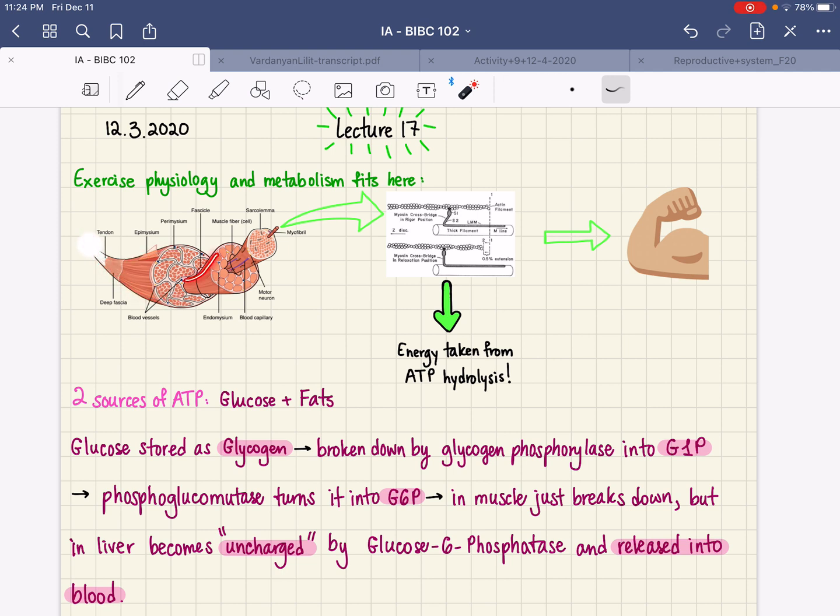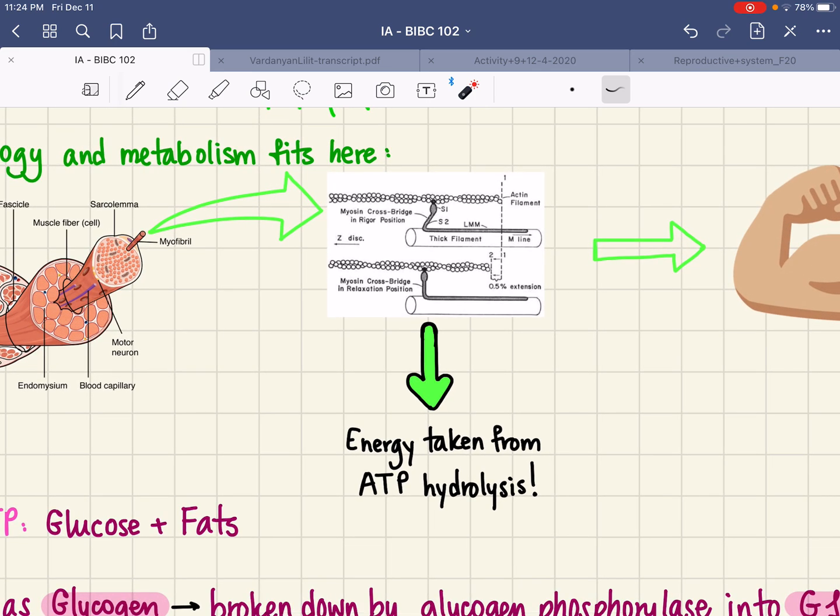This shows exactly how there are many bundles, right, of these fascicles and many different muscle fibers, and even in this big thing, there are myofibrils, which are these specific proteins right here that slide along each other. So let's look at those. So we have the thick filament, which is myosin, and we have the thin filament, which is actin, and these two are proteins. The myosin has an important part on it.